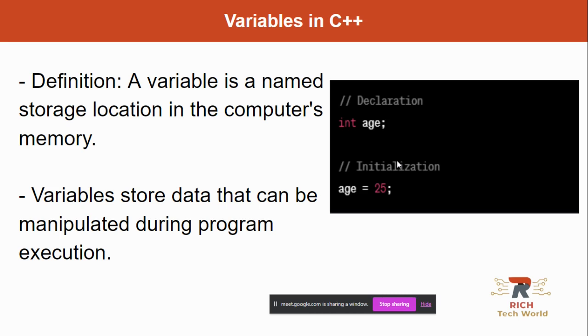Whenever you need to put something inside, you just put it inside. So a variable stores data that can be manipulated during program execution. Right now we've declared a variable called age, and we've initialized it with 25. That 25 can change. What if the person grows, a year comes by? That means we have to add one to the age so that the person becomes 26. So variables can be manipulated, right?